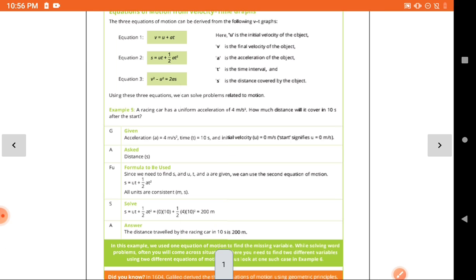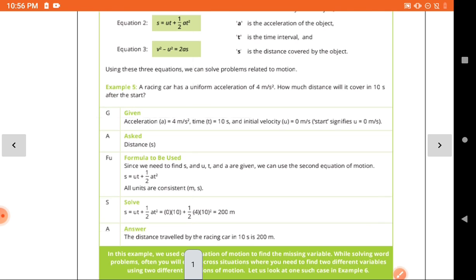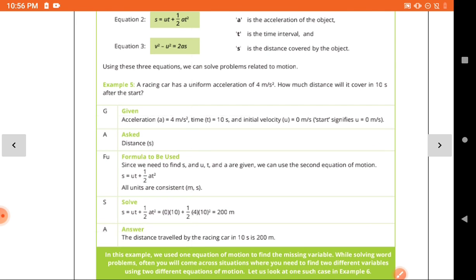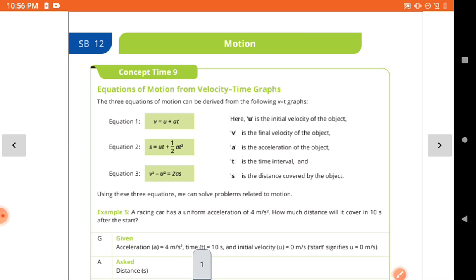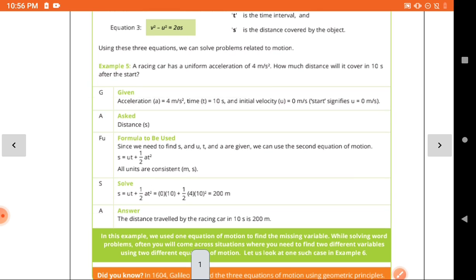This is example number 5, which is related to initial velocity, final velocity, acceleration and distance. In concept time number 9 we have simple steps showing how we solve a problem related to equations of motion.